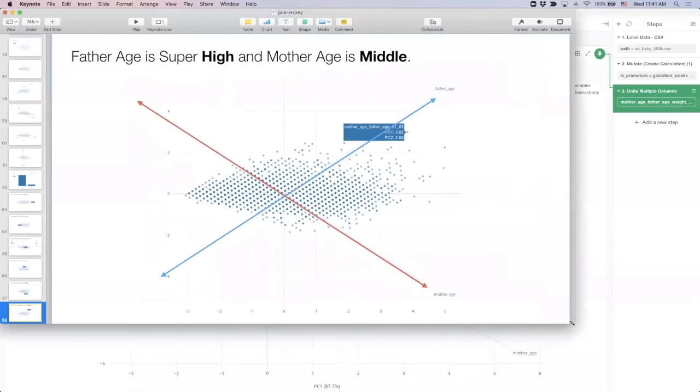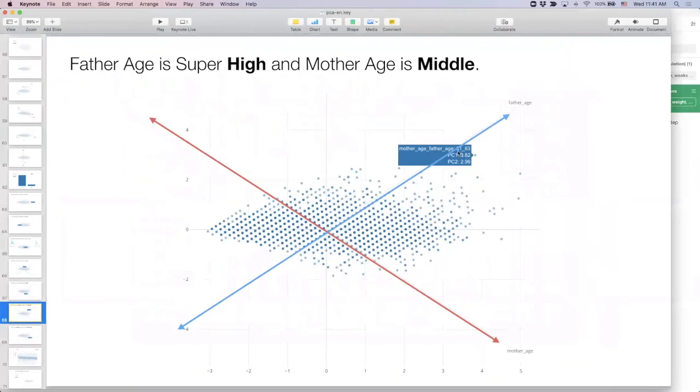Here we go. Okay, 31, and that's because this dot is older than the average line. So that's why it's 31.